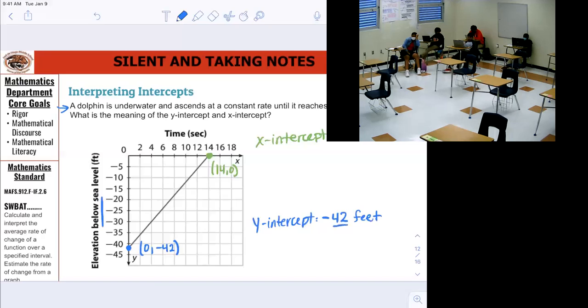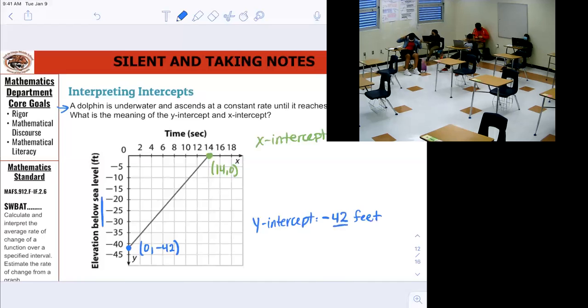So in this scenario, the dolphin is at negative 42 feet, and then where does he go? Or she? To the surface. So is she or he going up or down? Up.